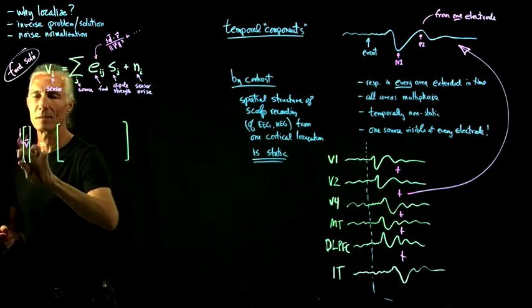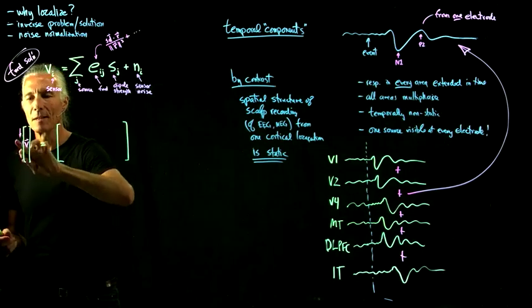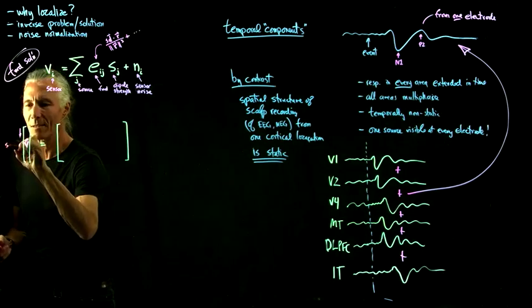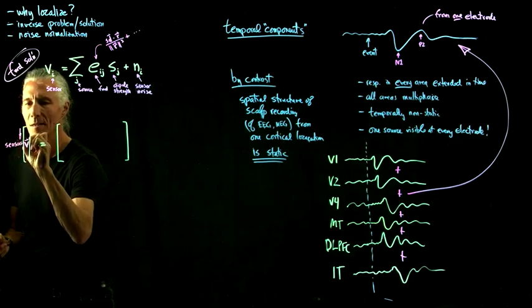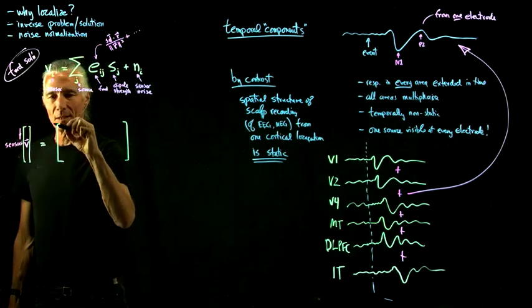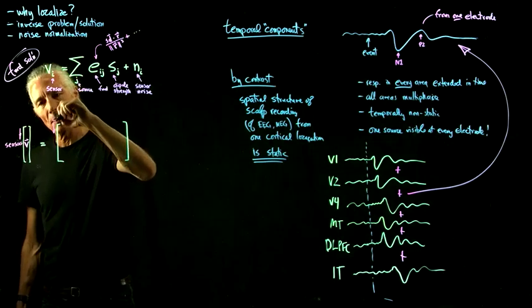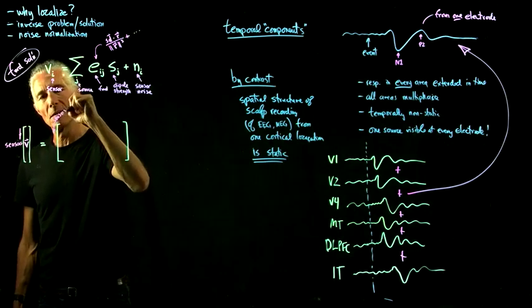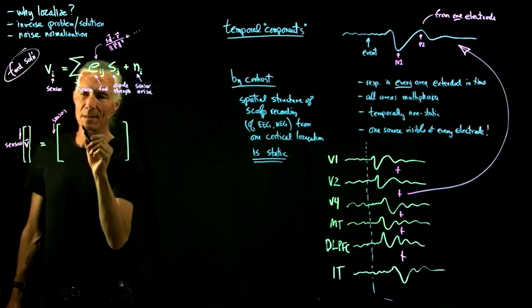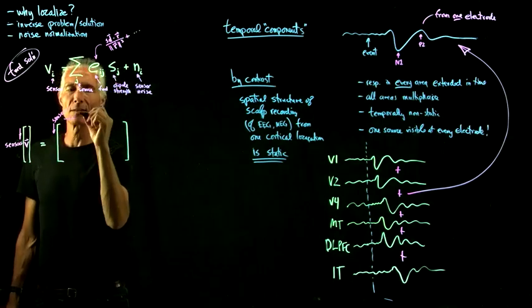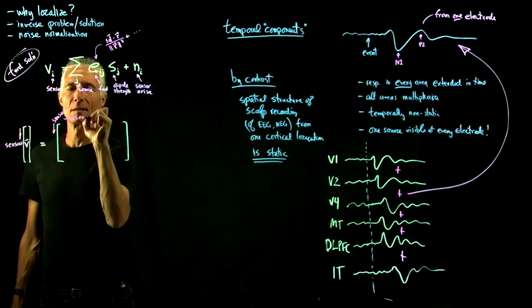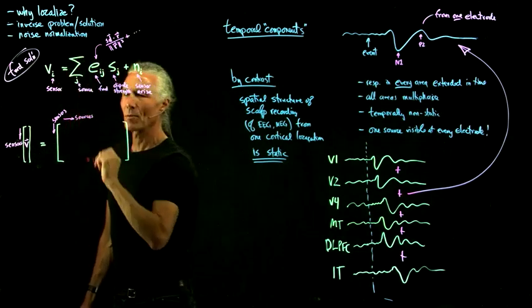So that's a voltage measurement at every sensor. And so this is also sensors. And then what's this direction? This direction is sources. A lot more of those.